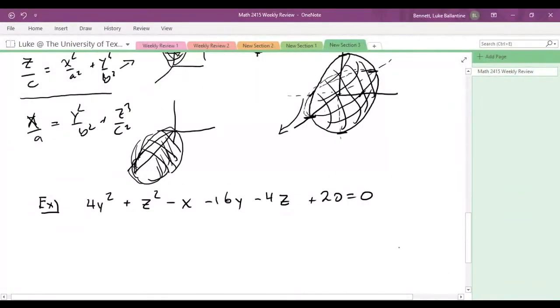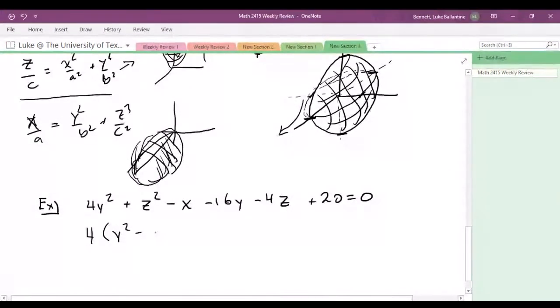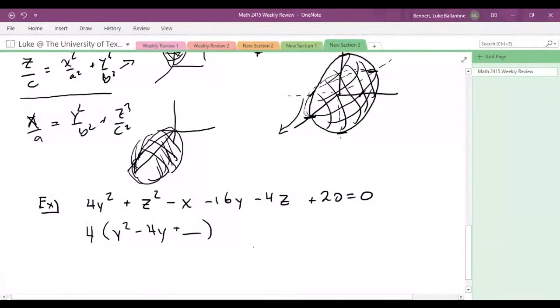All right. So to get this into the standard form for a paraboloid, we have to complete the square. So I'm going to group all the y's, and I'm going to group all the z's.